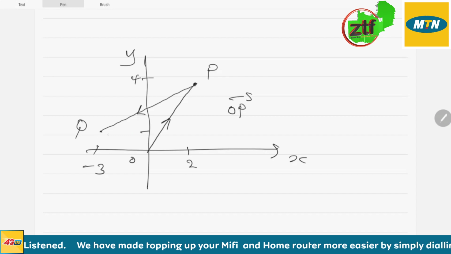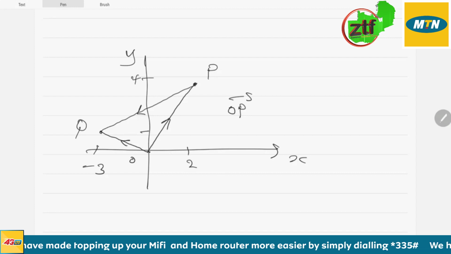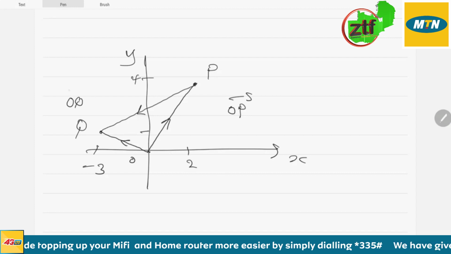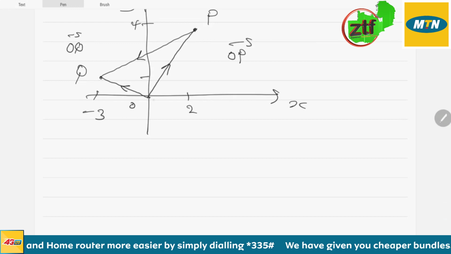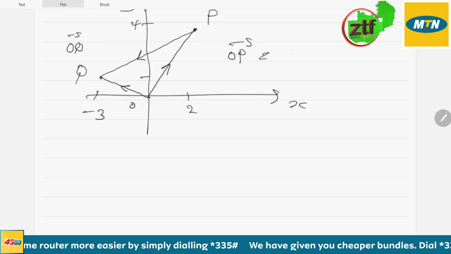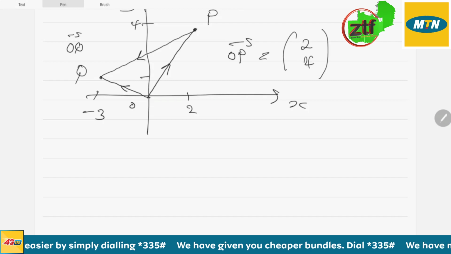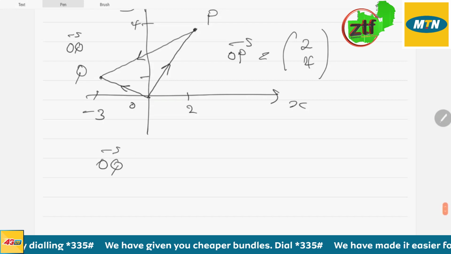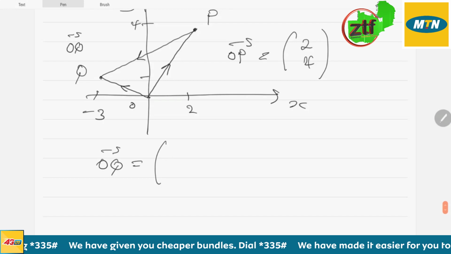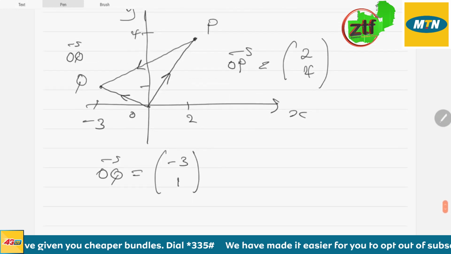Then connecting the point Q to the origin will also give us a position vector OQ. So the position vector OP will give us 2, 4, and the position vector OQ will give us -3, 1.